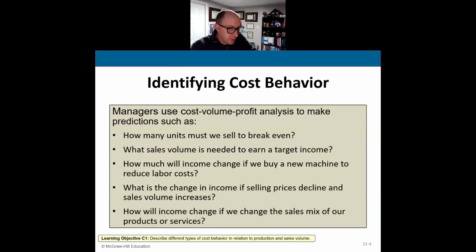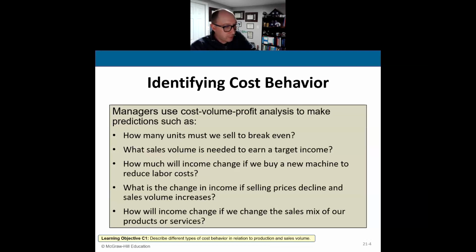Target income, here's what this means. A target income means that I want to generate enough sales to earn a particular profit, or to earn a particular income.